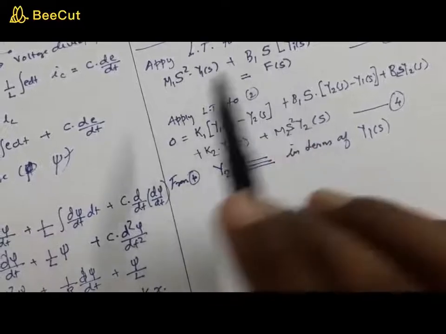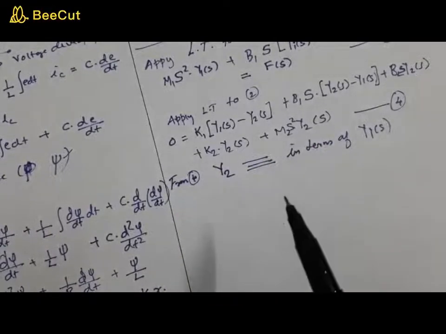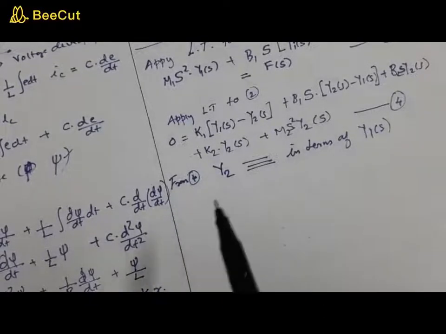From that, you can find the ratio y1 of s to f of s. You may just do that by yourself and arrive at this result.